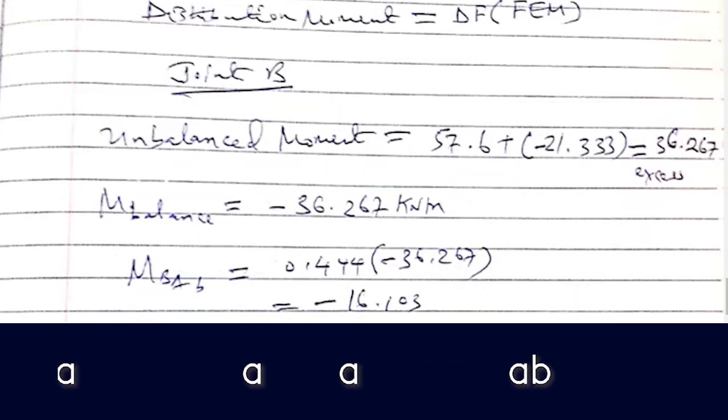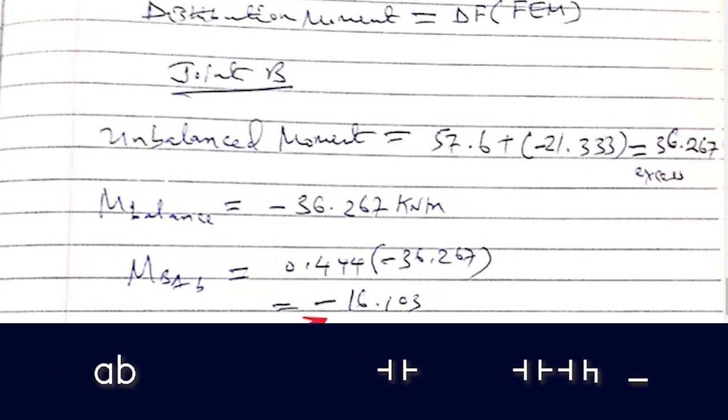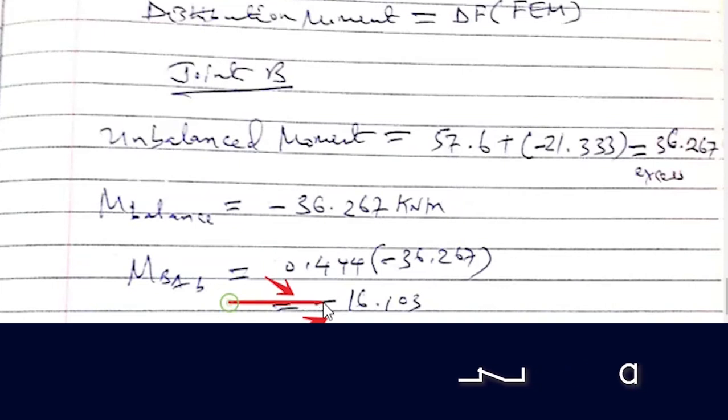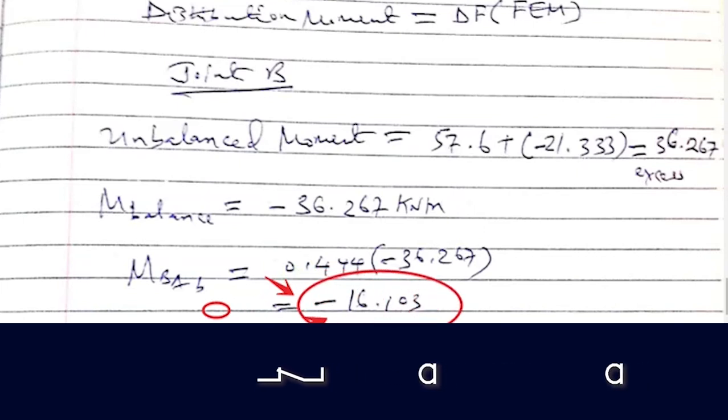Once you multiply, the balanced moment for member BA should be about negative 16.103 kilonewton per meter.